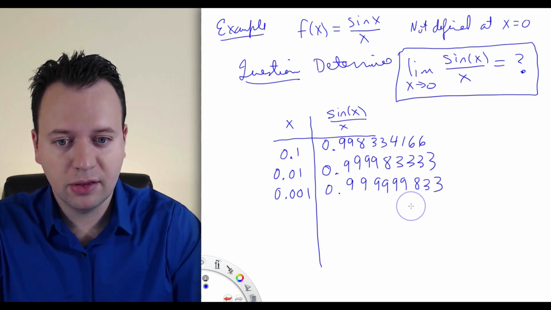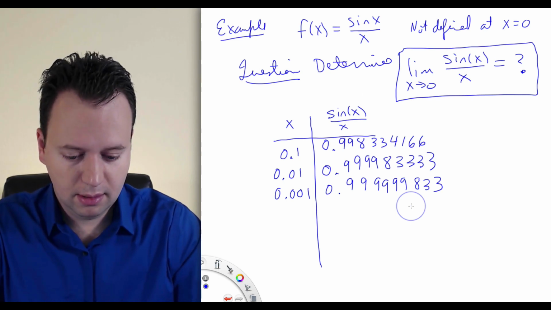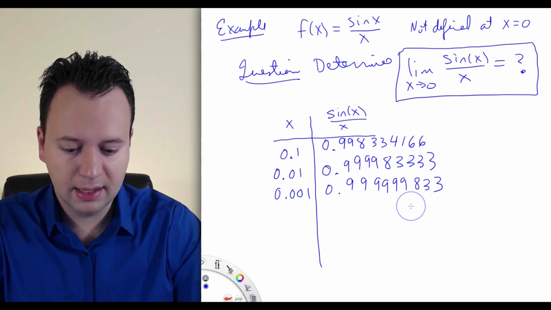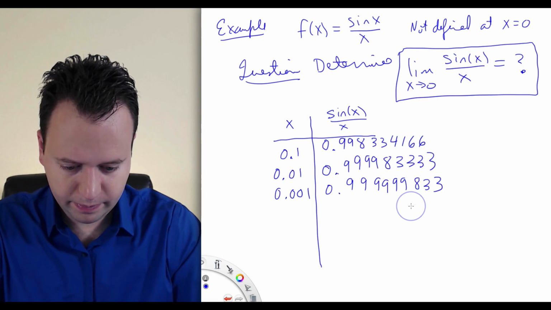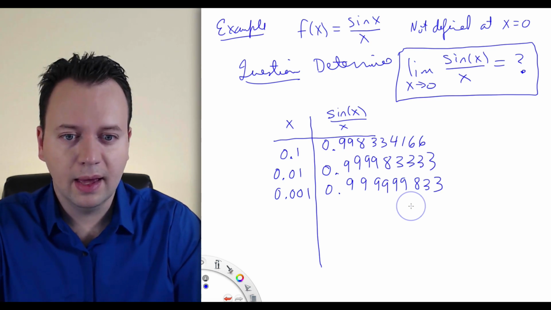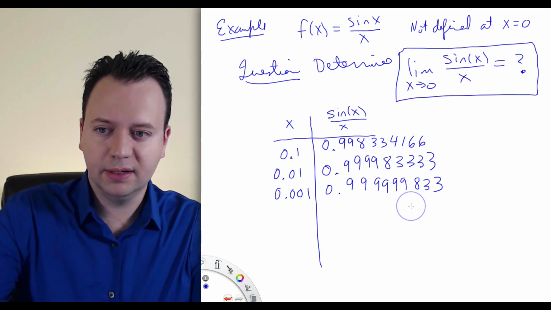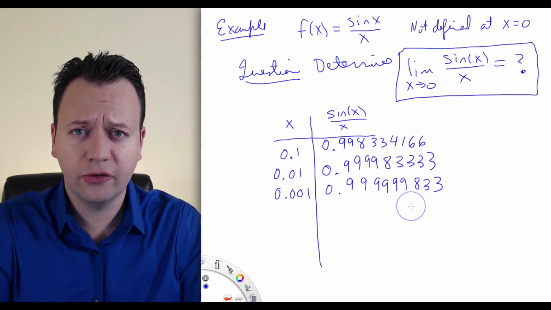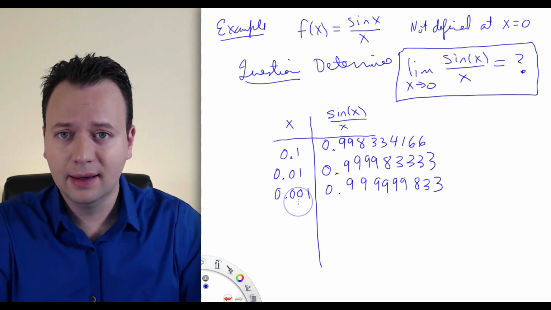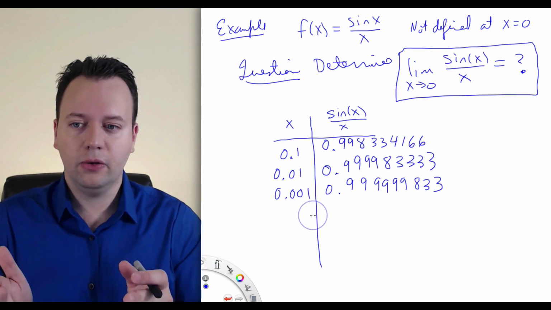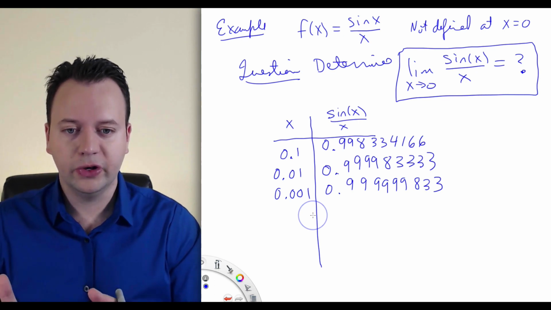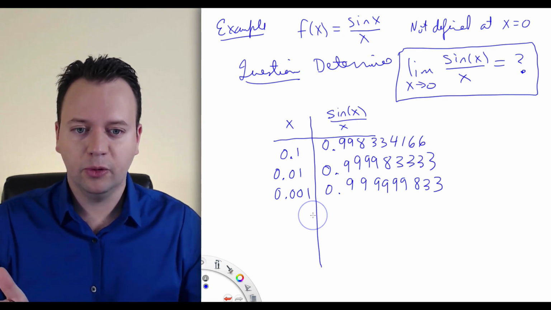Now, you might be tempted to start off with a ridiculously small number, and in this case, I think it wouldn't be a problem. Sometimes it is. Sometimes what happens is if you start with your value too small, say 10 to the minus 10, your computer or your calculator, whichever you're using, only keeps track of so many decimal places.